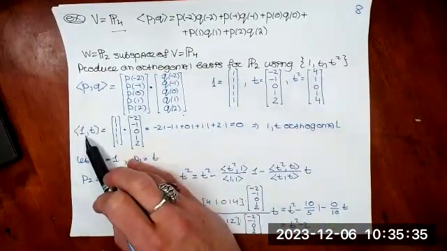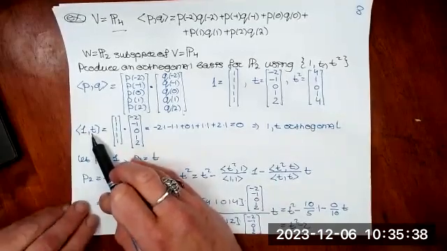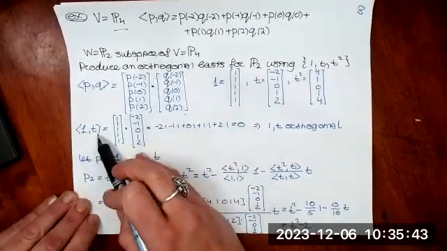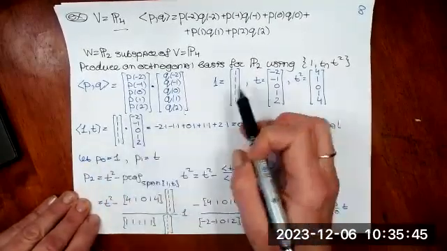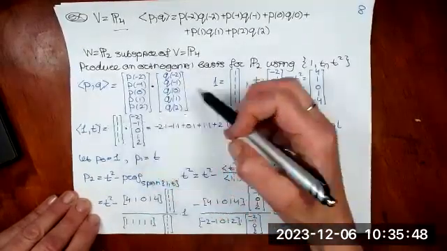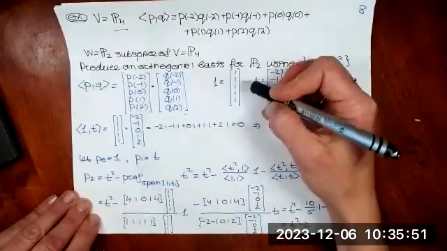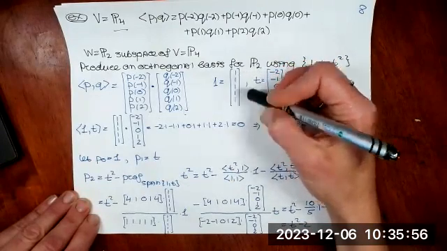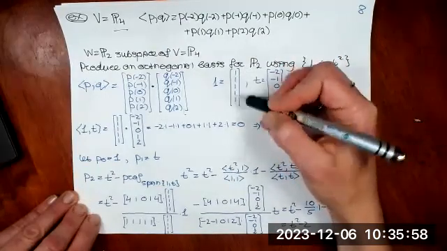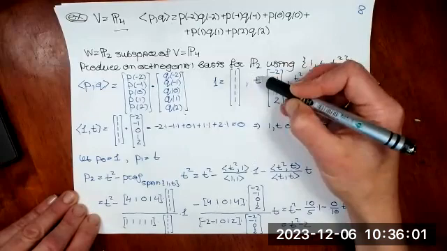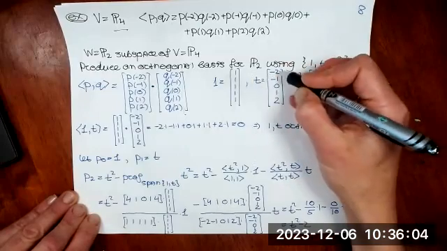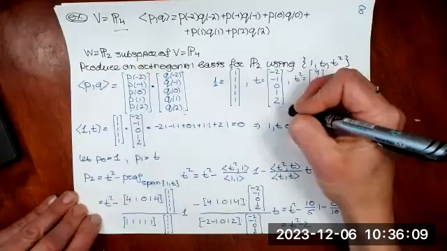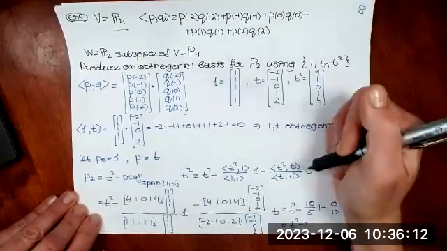If I do the inner product of 1 and t, I'm using this vector multiplication definition. So what do my 1 and my t look like? My first vector, 1 evaluated at -2, -1, 0, 1, and 2, is still 1 everywhere. That would be the vector for 1. For t, evaluated at -2, -1, 0, 1, and 2, it's just the values of t.